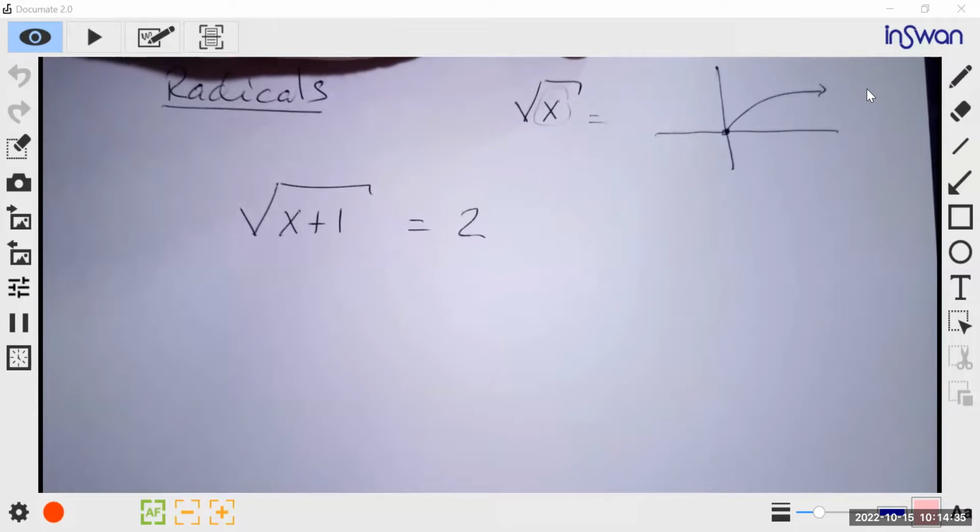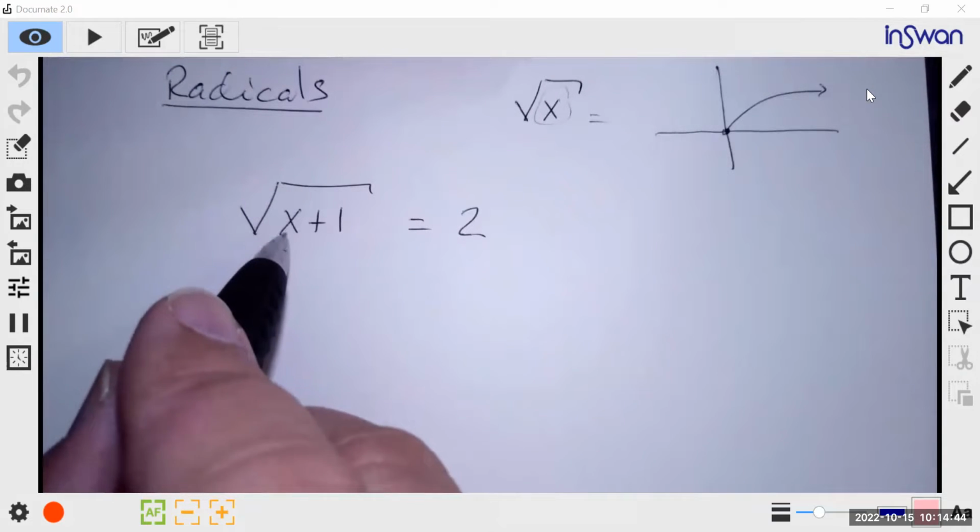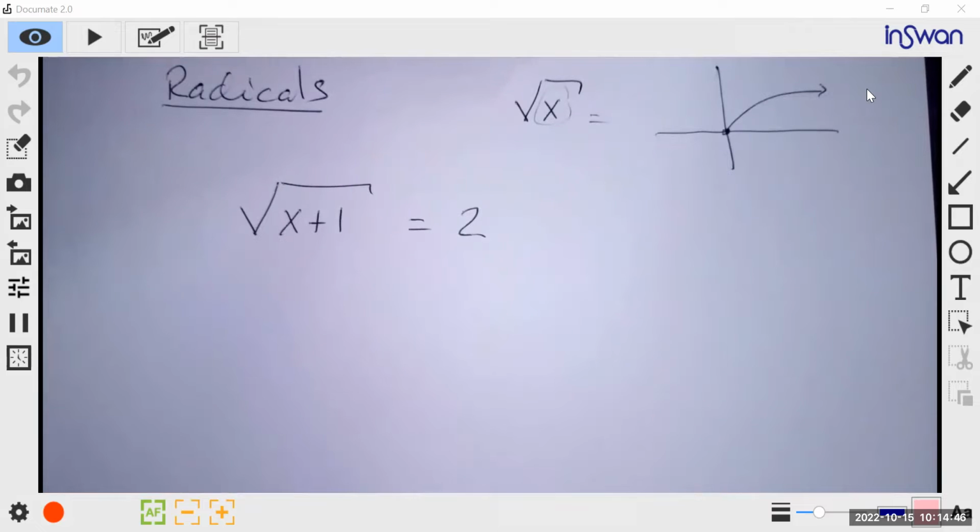So the objective here is to isolate the radical first. If you have anything added, subtracted, multiplied or divided, you have to get rid of that first. You have to get it all by itself, equals whatever. How do you get rid of the square root?